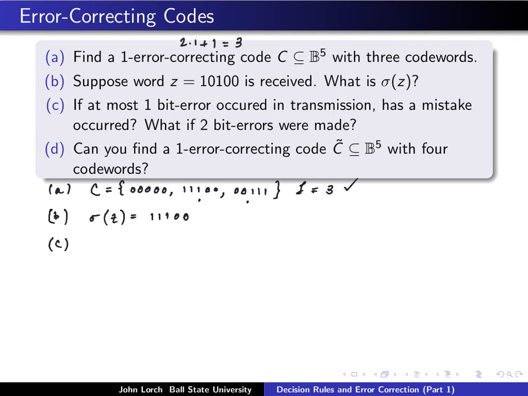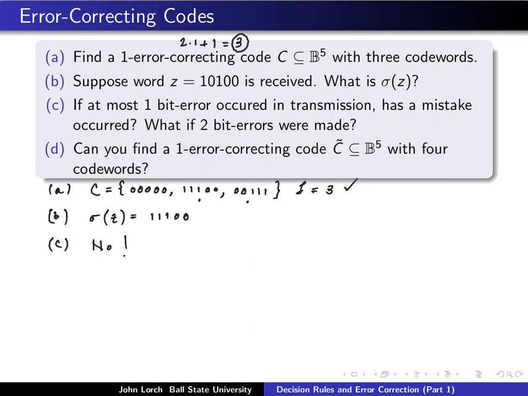The answer there is no, because remember, our theorem says that if the minimum distance of our code is bigger than or equal to 2 times r plus 1, that is 2 times 1 plus 1 in this case, then if at most one bit error has occurred, no mistake will be made when applying the minimum decision rule. So the answer is no for the first part.